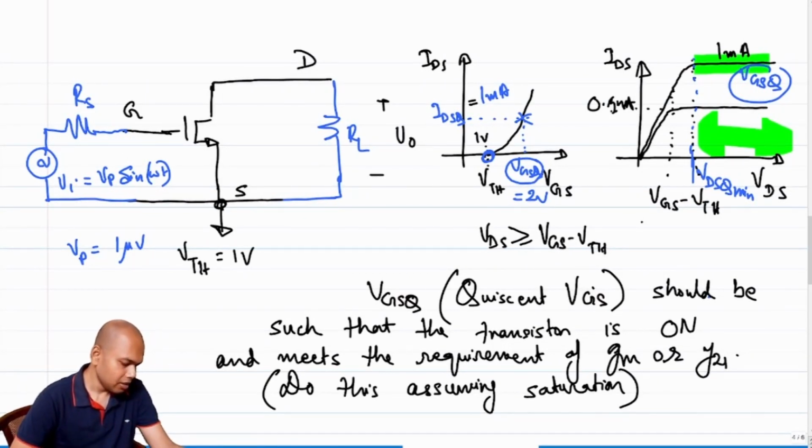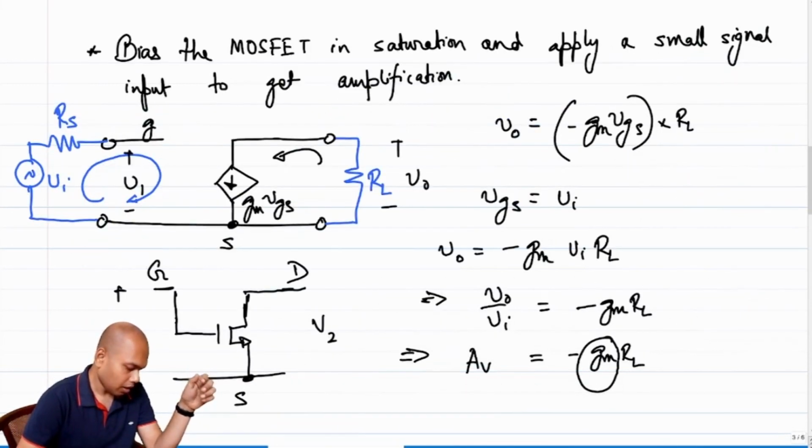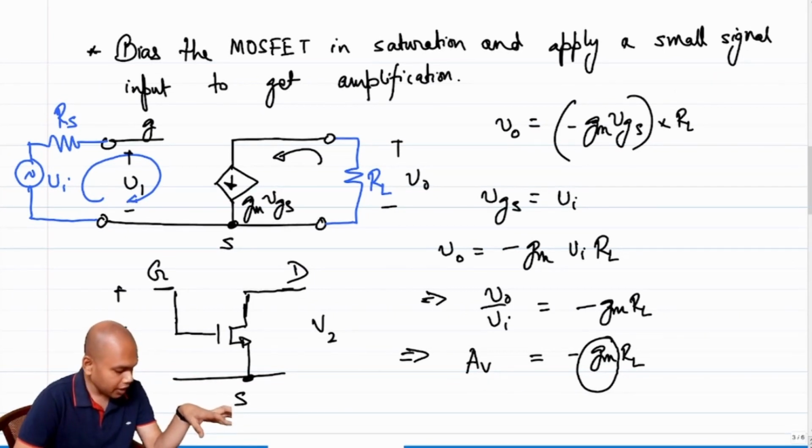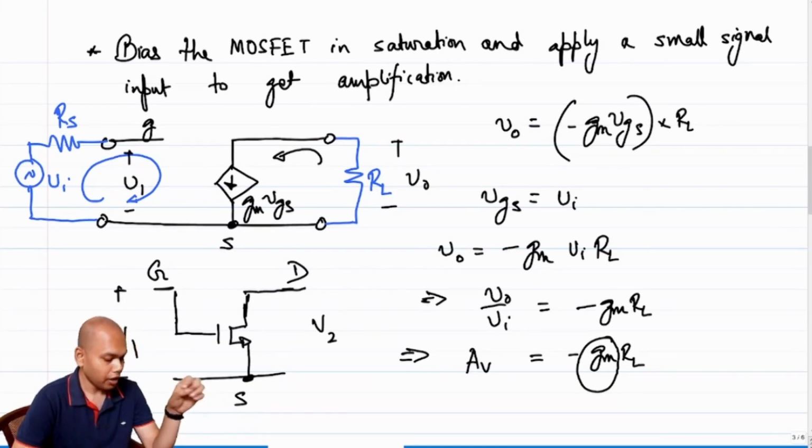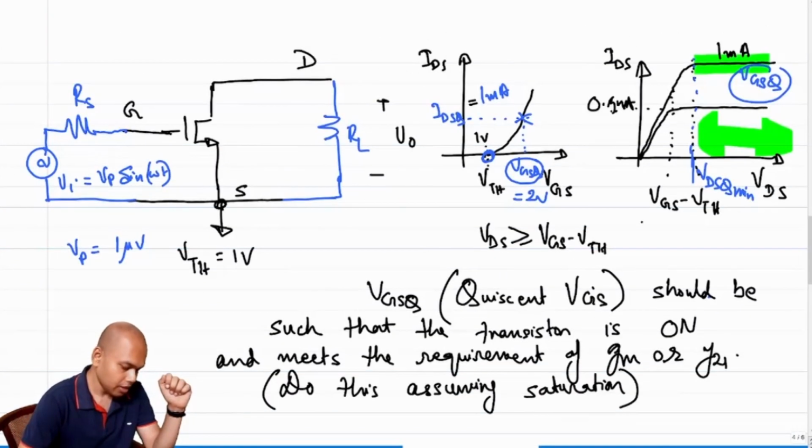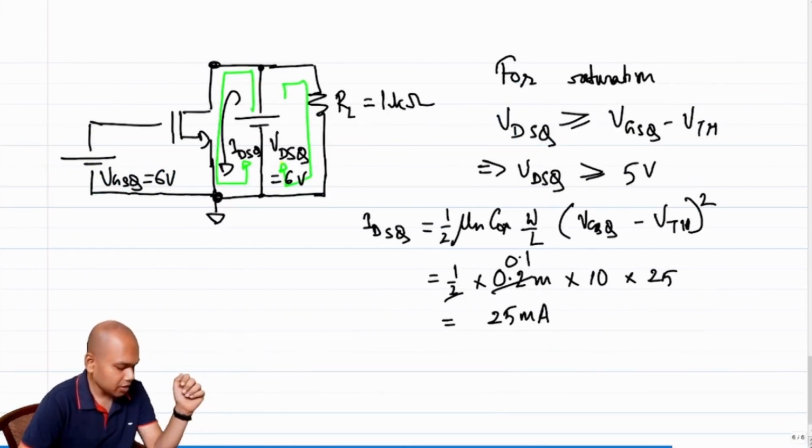Note that incrementally we wanted the voltage of the input Vi to appear between the gate and the source terminals. Then we said that if I directly apply Vi like this, it will not work. Why? Because the transistor is not biased. Now my transistor is biased. How should I incrementally apply my input?